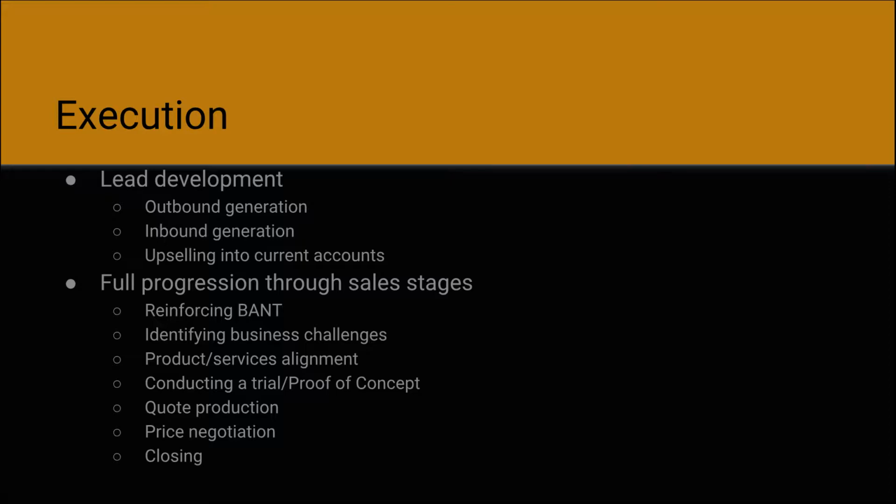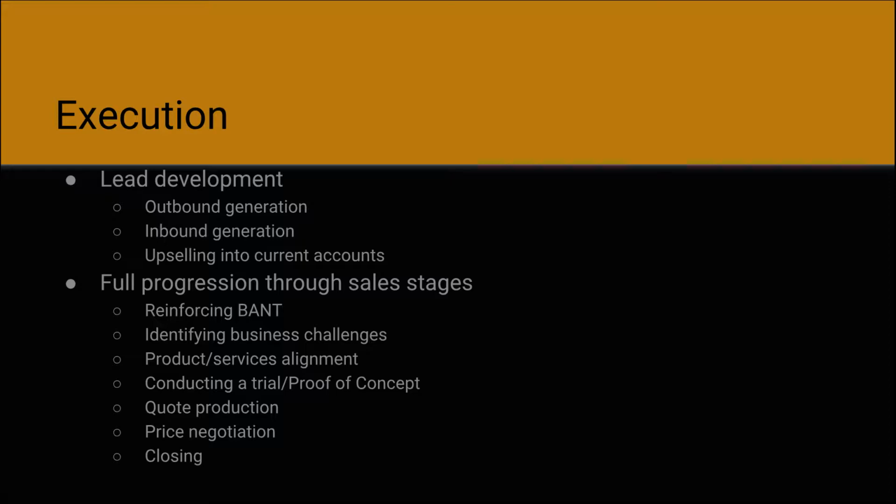And sometimes you might see that there's opportunities to upsell into current accounts. This might be something that is in your comp plan. It's not always the case, though, depending on the organization. If they have major account executives handling all current accounts, that might not be something you're handling. You'll have to figure that out on your own, though.